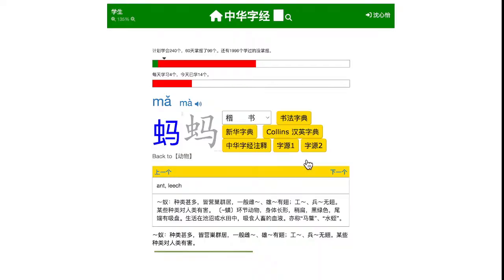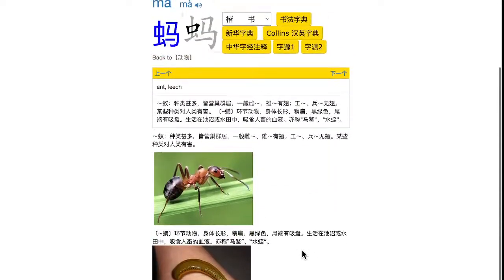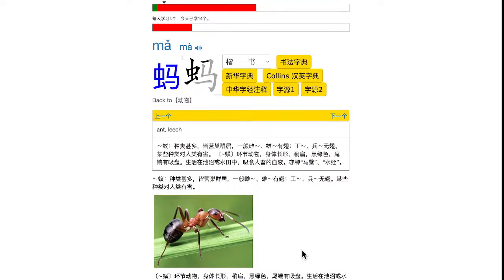Now the next one is also a pair of characters specifically built to refer to specific animals. 蚂, this one has different pronunciations referring to different animals. When you pronounce it as mǎ, it refers to two kinds of animal.